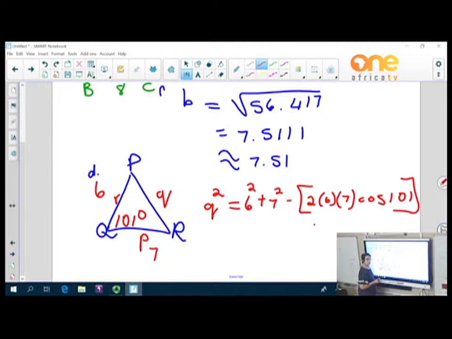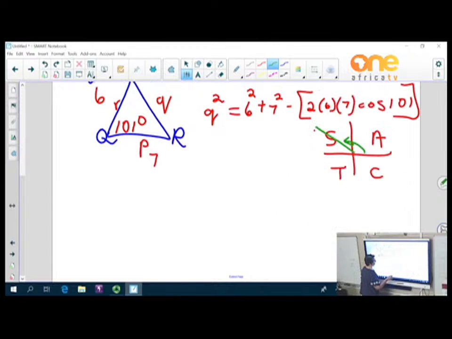If you think back about cos, you will remember that in the second quadrant, where I get the obtuse angle, cosine is negative. So I'm going to get a negative value. That is what it means by implication.